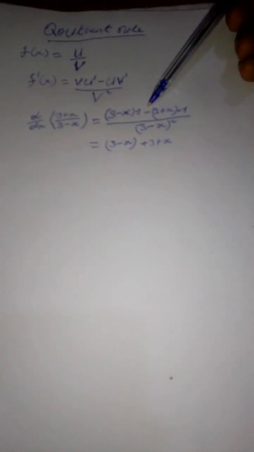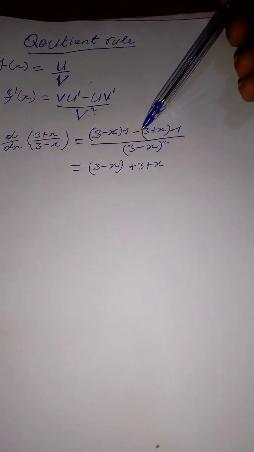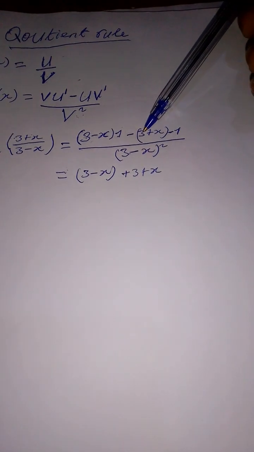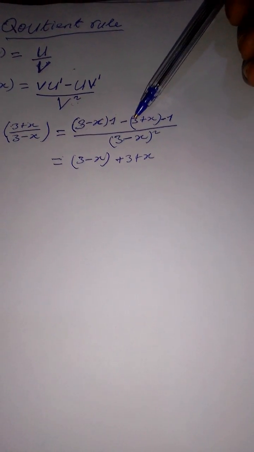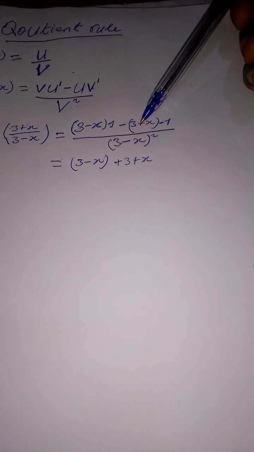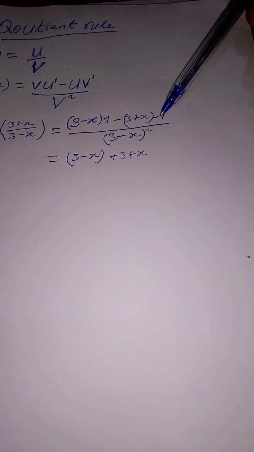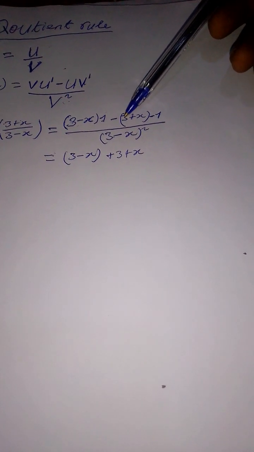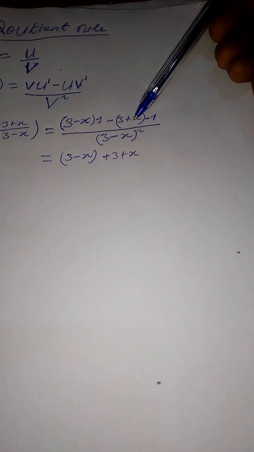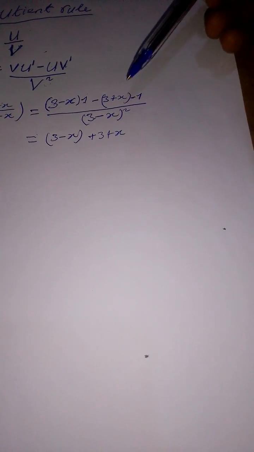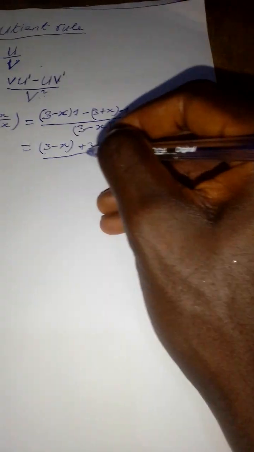Because notice that this negative sign over here is going to multiply 3, and this same negative sign is going to multiply x. So we have negative 3 plus negative x, and we still have a negative 1 here. So this negative 1 times the negative 3 will give us positive 3, and the negative 1 times negative x will give us positive x. So that is what we have at the final analysis.